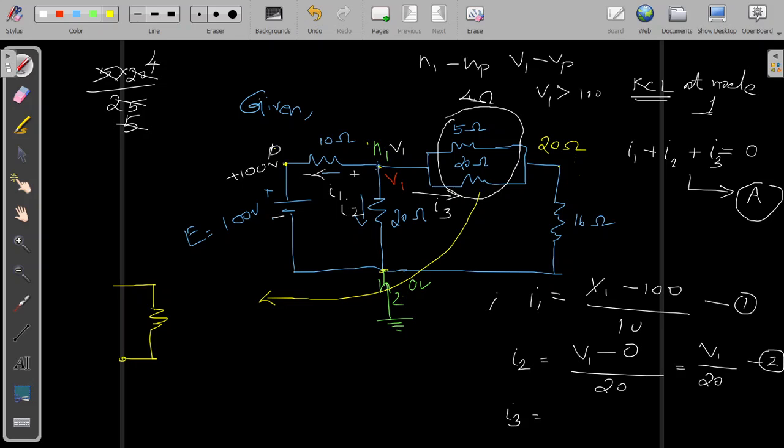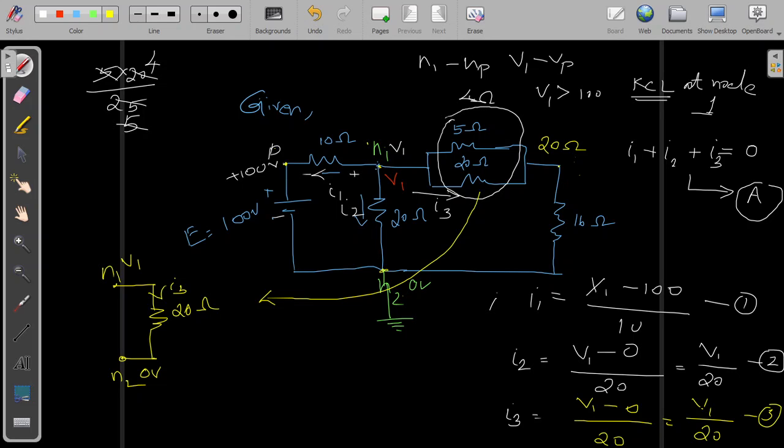This is my N2 node, which is at 0 volt potential, and this is my N1 node, which is at V1 potential. So this is 20 ohm and this is I3. So I3 will be equal to V1 minus 0 divided by 20, that will be V1 by 20 ampere again.